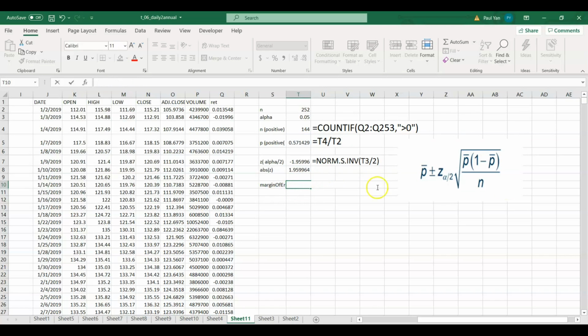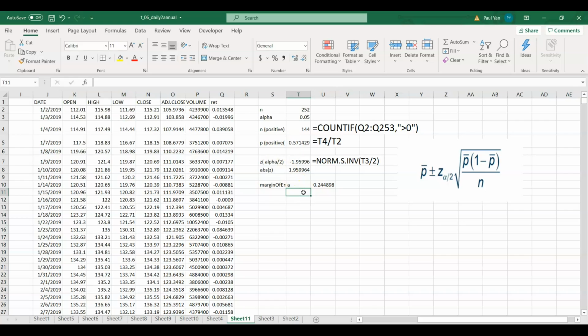I treat this one as A and this one as N. Let's use A. A will be P times 1 minus P, which equals the proportion times 1 minus P. This is P, the proportion.